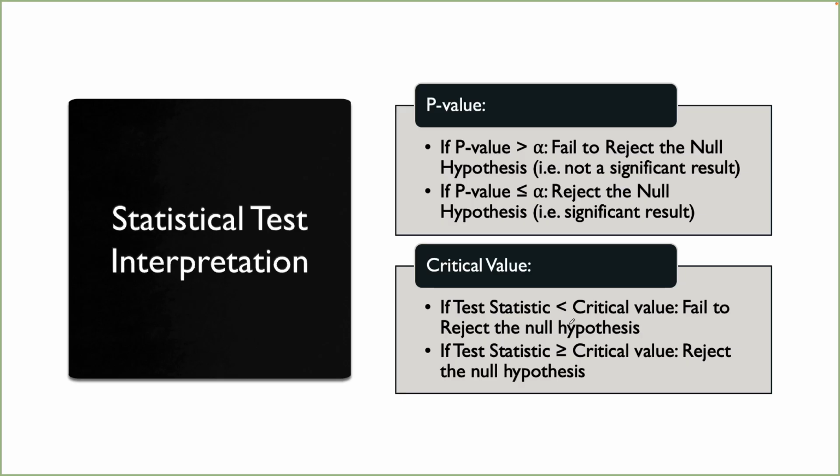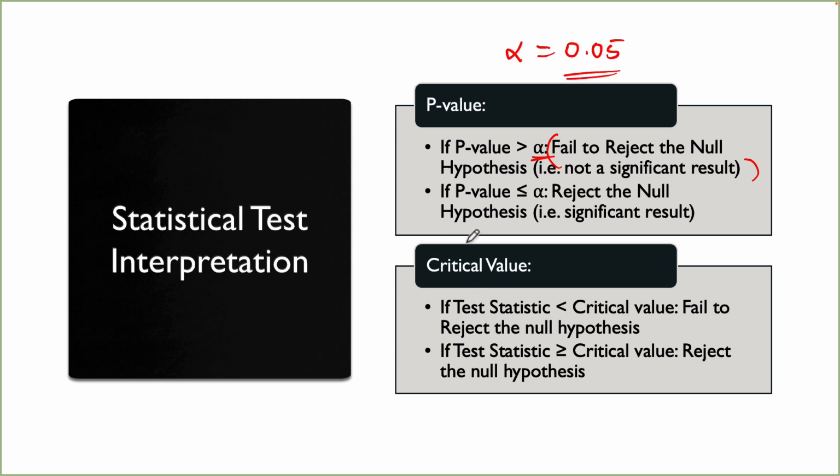The way that we are going to interpret whenever we are performing this hypothesis testing is, if the value of p is greater than alpha, then it means that we fail to reject the null hypothesis, that is, it is not a significant result. And if the value of p is less than or equal to alpha, then we are going to reject the null hypothesis. Alpha, as I mentioned, we'll generally keep as 0.05.